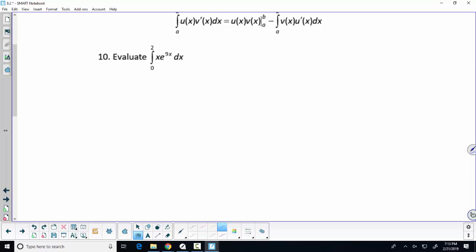Take x e to the 9x from 0 to 2. We'd let u be x, dv be e to the 9x dx. So du is dx. What's v? The antiderivative, so don't forget to divide by 9.